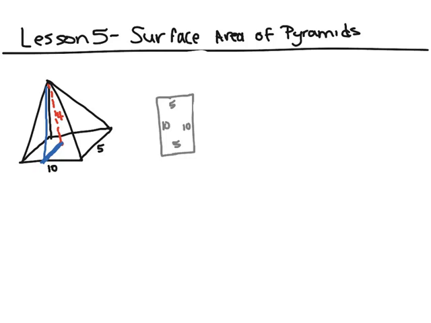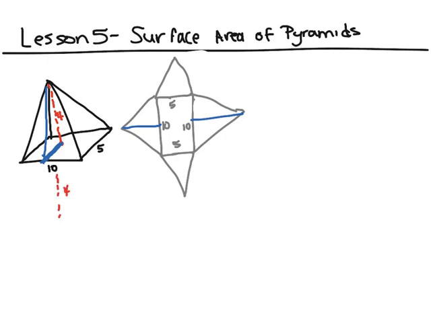And then we have our triangles and our triangles there. Now, this slant height that is blue goes with the 10. So the triangle that we would have here has our red, which is 4, and our blue, half of 5 is 2.5.